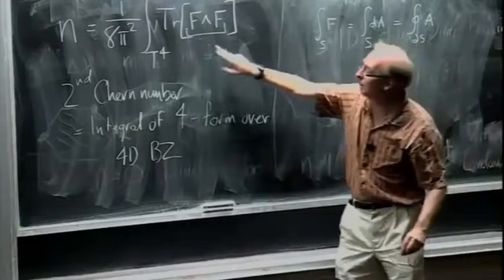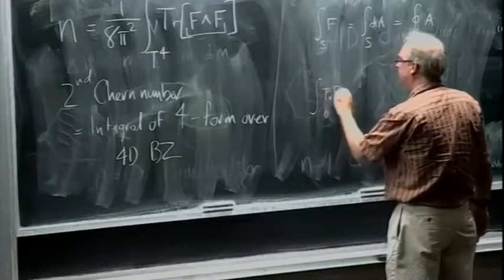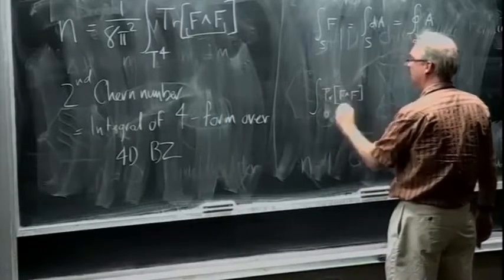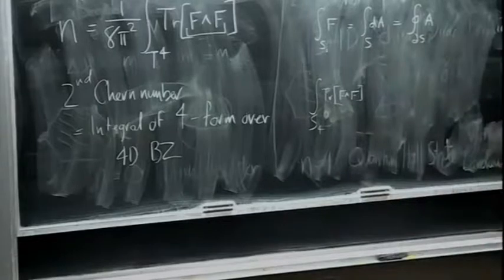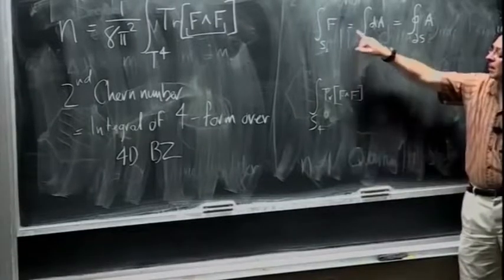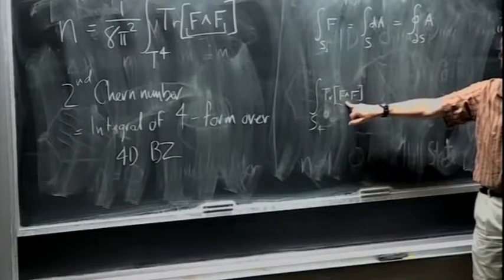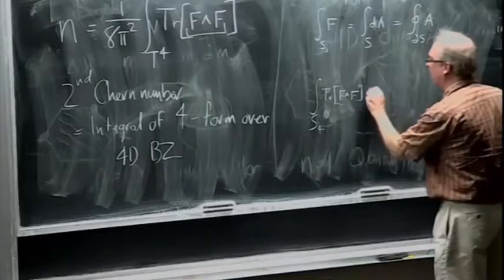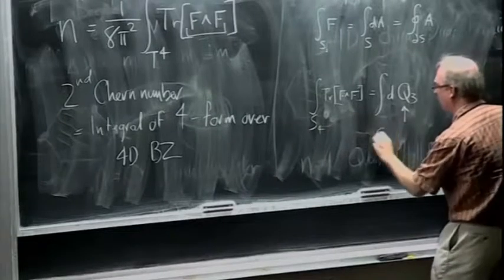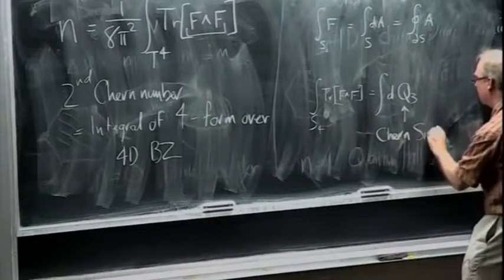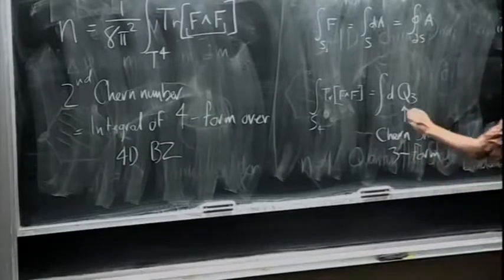So the analog here is I have an integral over a 4-dimensional volume. In fact, F wedge F is a total derivative, the total derivative of the Chern-Simons 3-form.